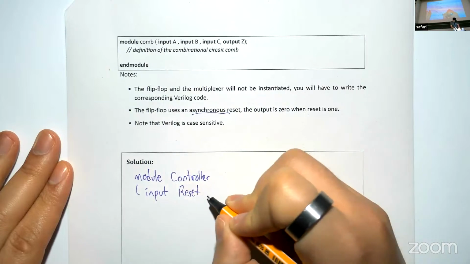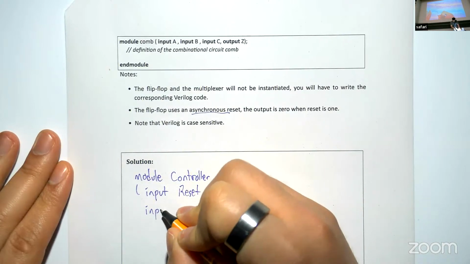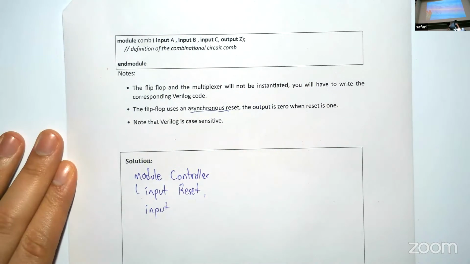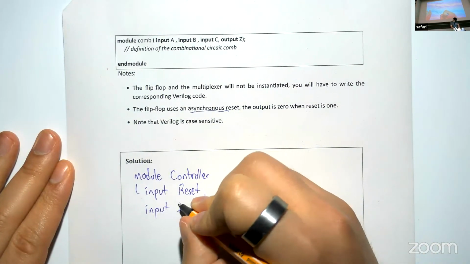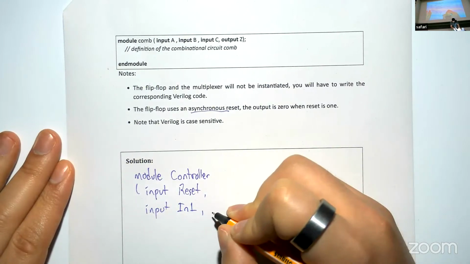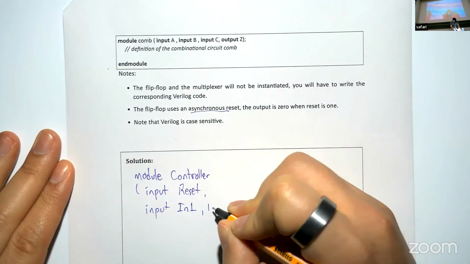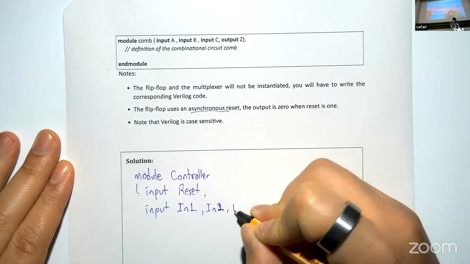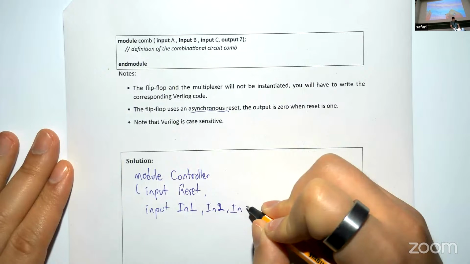Then more inputs are 1-bit inputs. They're N1 with a capital I. More inputs. You can write them next to each other. Oh, see, I made a mistake. That's deducting already 10 points or something.